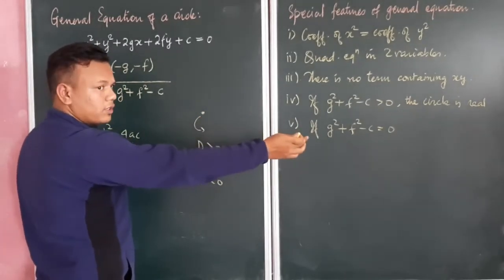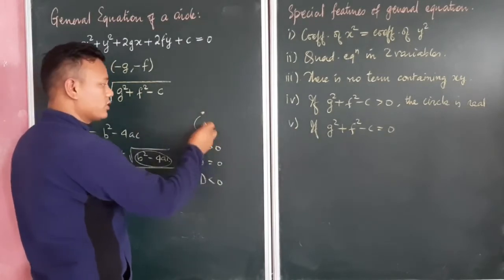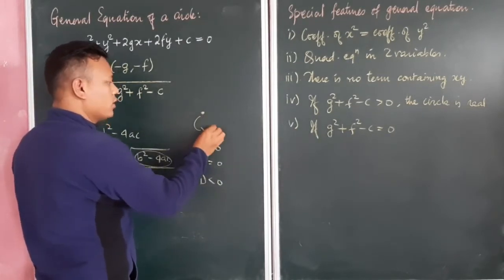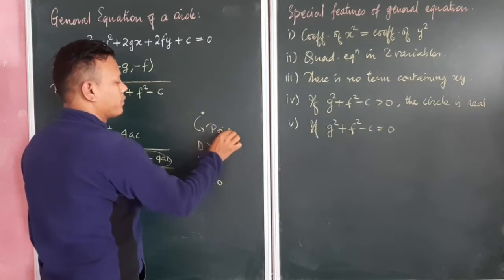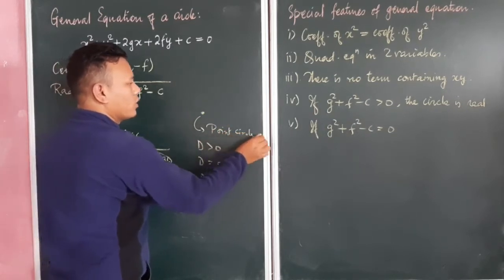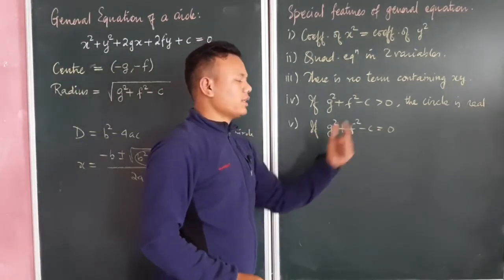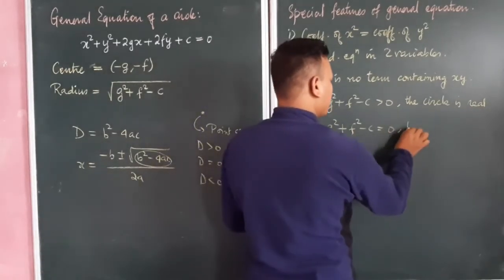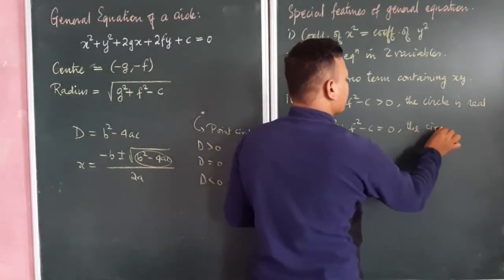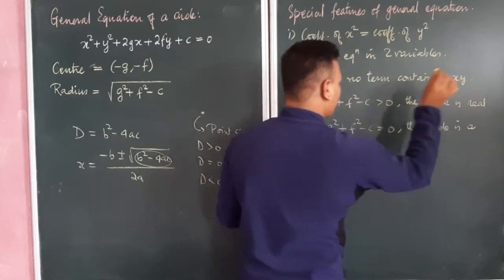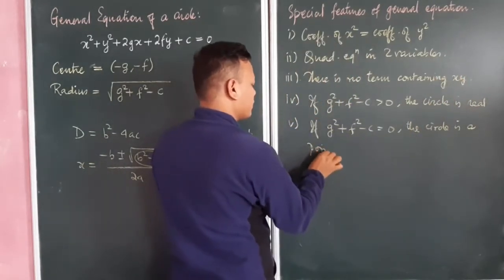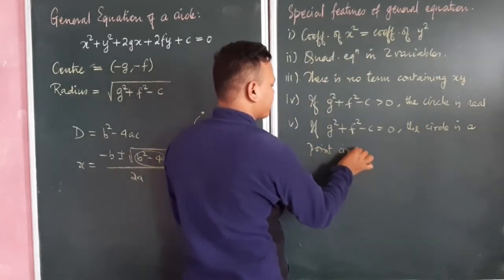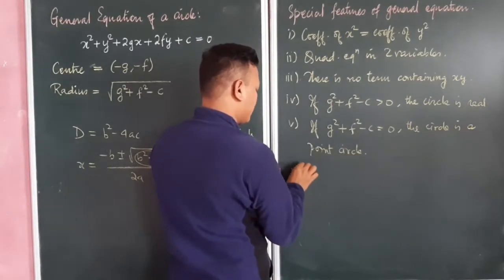We don't have any radius because the radius is turning out to be 0. Such a kind of point is called a point circle. So if g square plus f square minus c is equal to 0, the circle is a point circle.